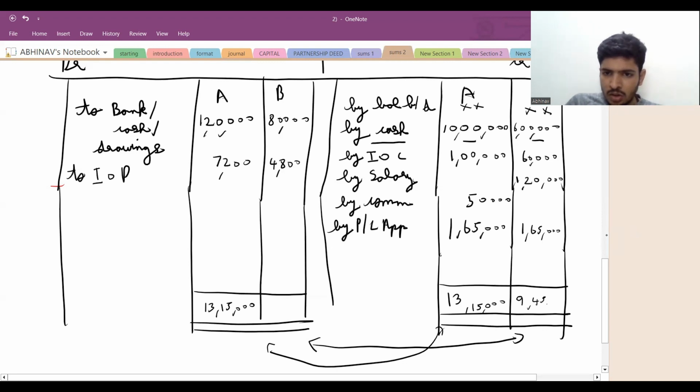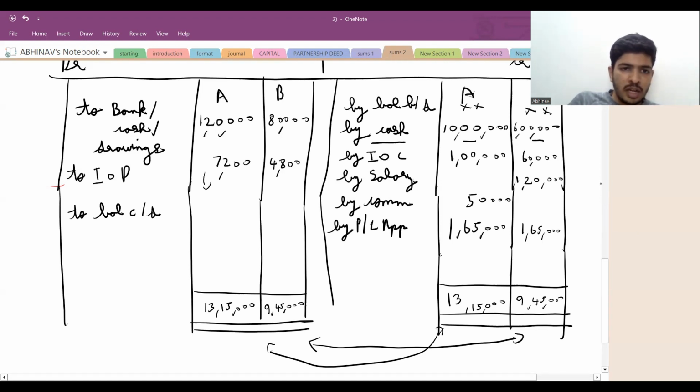9 lakh 45,000. Here also 9 lakh 45,000. Now, we have to balance it. This is the closing balance. What is closing balance? For A, it's 13 lakh 15,000 minus 1 lakh 20,000 minus 7,200.